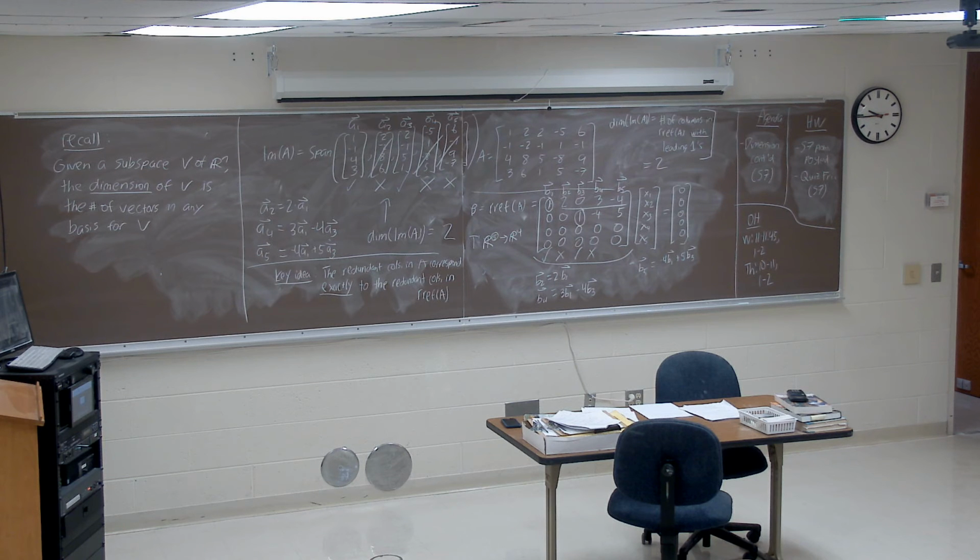I tell you what, take a minute, talk to your neighbors, and discuss this. See what you think: would the corresponding columns from the reduced row echelon form serve just as well as a basis for the image? Then we'll reconvene in a minute and talk about it together as a class.